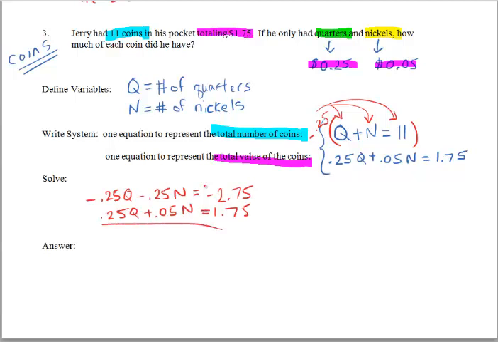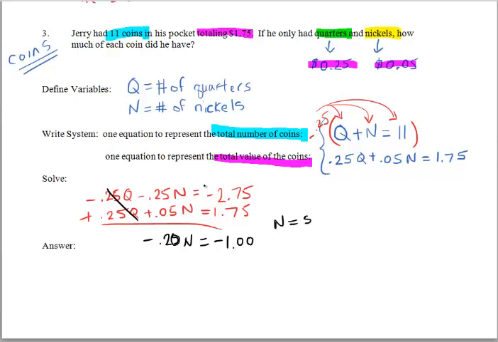When I add these up, if I've done my job correctly, my variables should cancel. So the Q's or the quarters are gone. If I add this up, I'm left with negative 0.2N. And that equals, I'm left with negative $1. If I divide both sides by negative 0.2, N is going to equal 5.